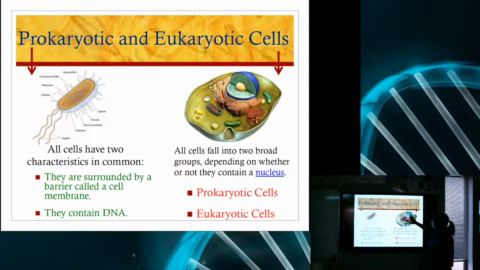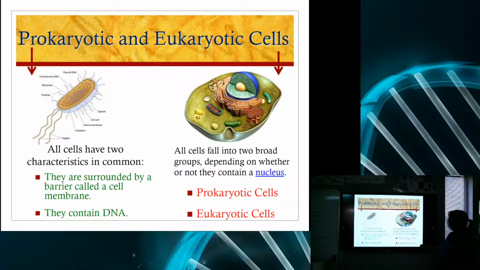You can't actually see it here, but it is inside the nucleus. Keep in mind that all DNA, and remember, we might call DNA genes, chromosomes, hereditary material, they can be referred to as all of that. So all of that hereditary material for eukaryotes is found in the nucleus, whereas with the prokaryotes, it's just floating around out there. So, cell membrane and DNA, all cells have that.